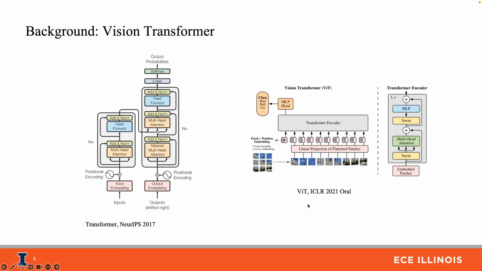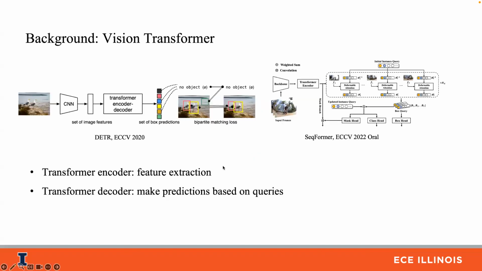Researchers have applied this method to the image classification task and proposed the ViT architecture. They also further applied the vision transformer to downstream tasks like object detection and segmentation.